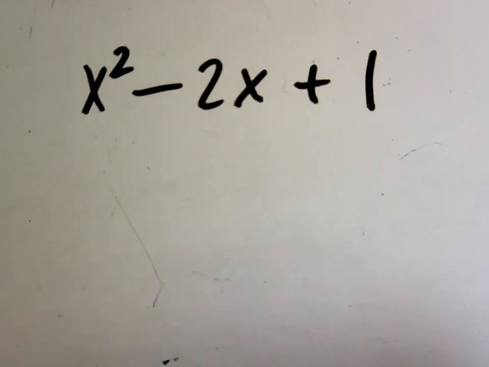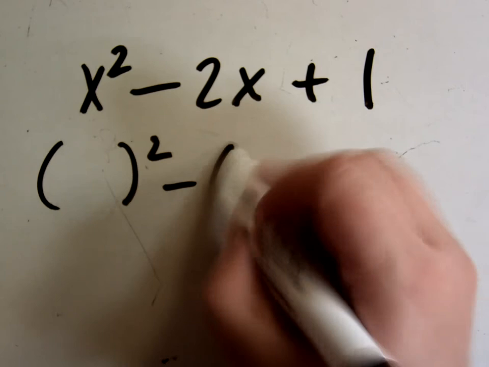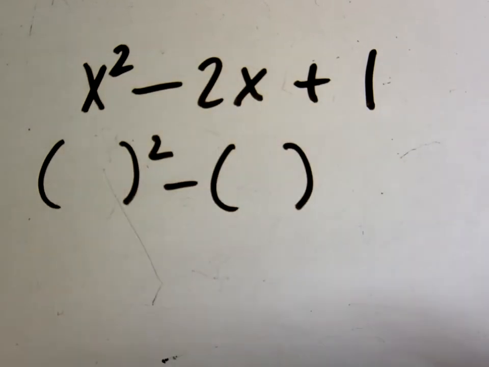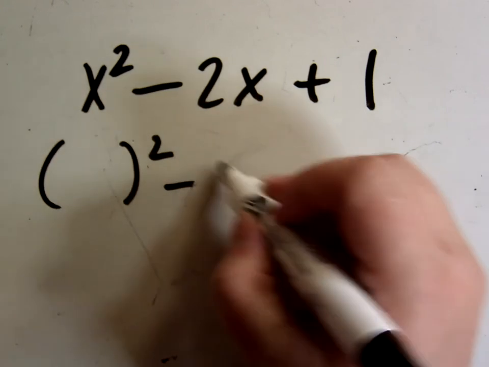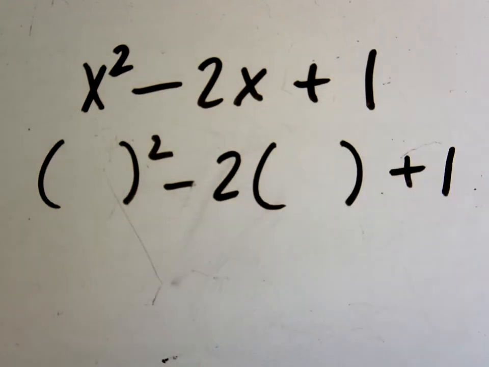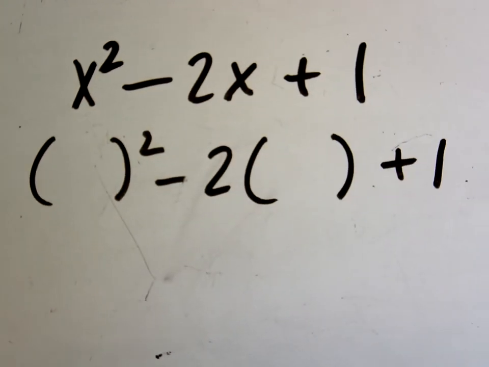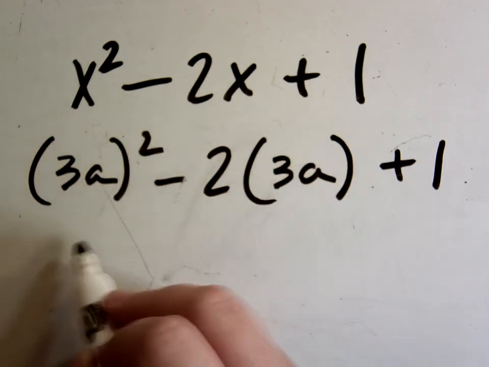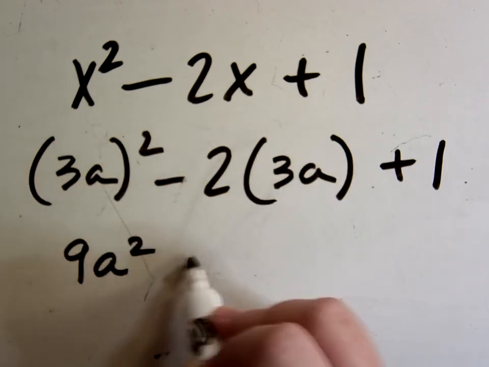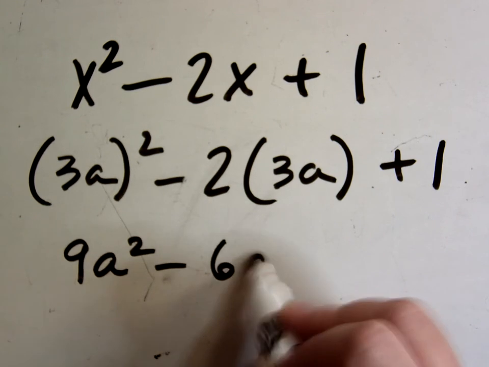What if my x is 3a? Then we're talking about 9a squared minus 2 times 3a, which is 6a, plus 1.